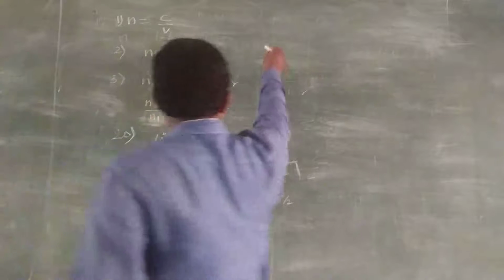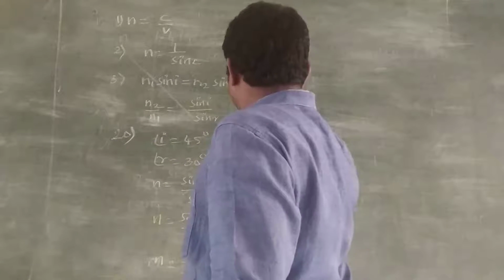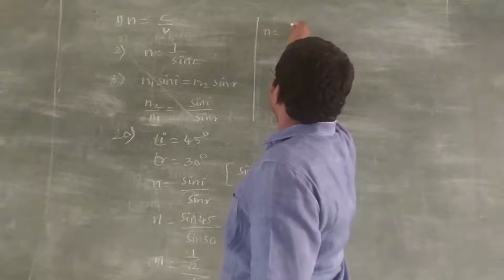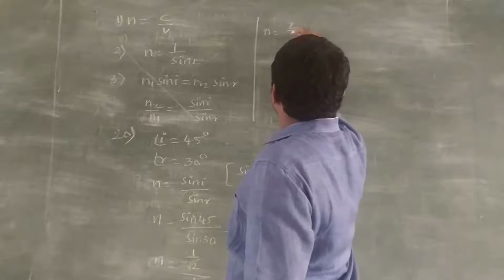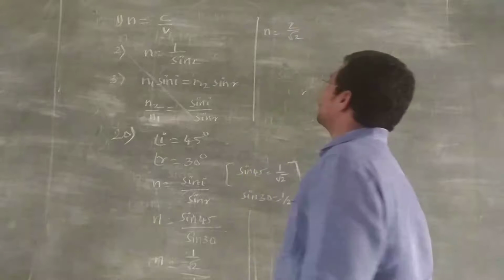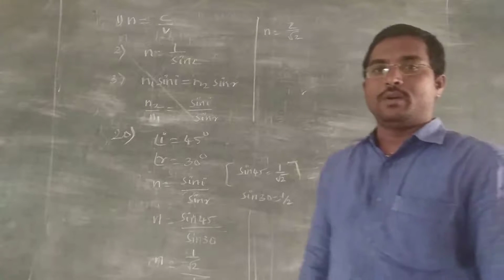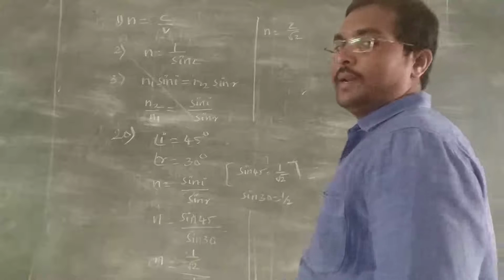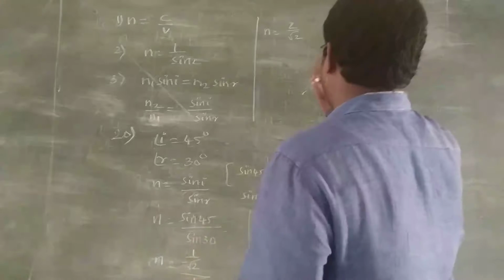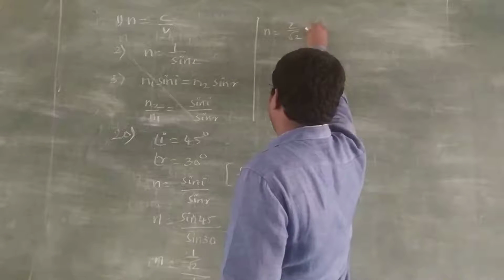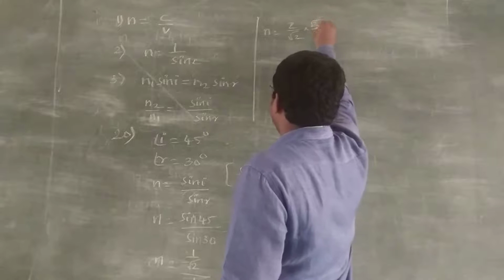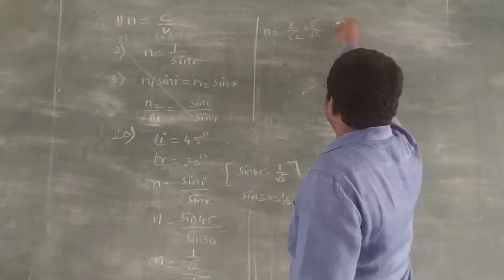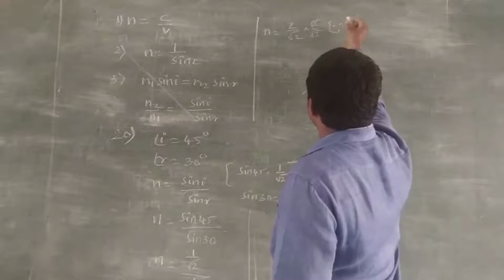Simplify this one. n is equal to 2 by root 2, and multiply and divide the numerator and denominator with root 2.